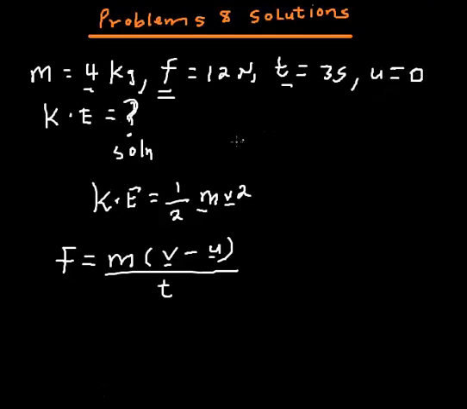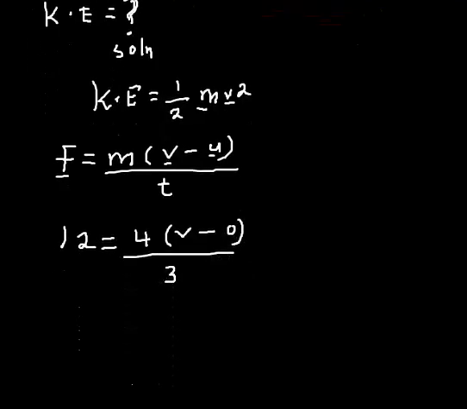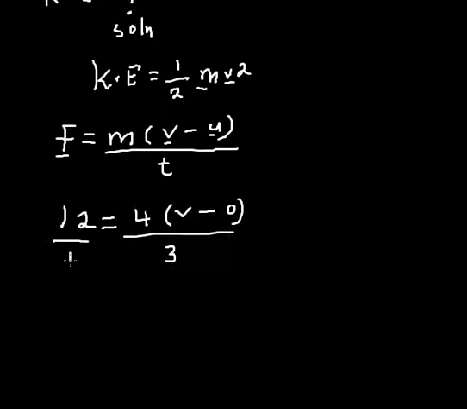So from here now, we have the force being 12 Newton, then the mass is 4 kg. Of course, what I'm looking for is velocity minus the initial velocity, which is 0, then divided by the time, 3 seconds. So I will have to cross multiply.